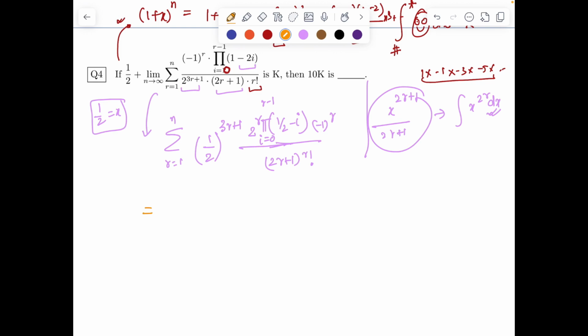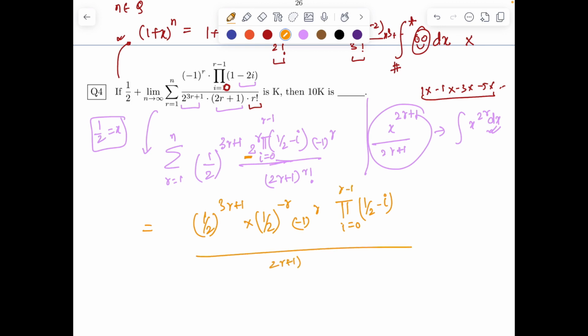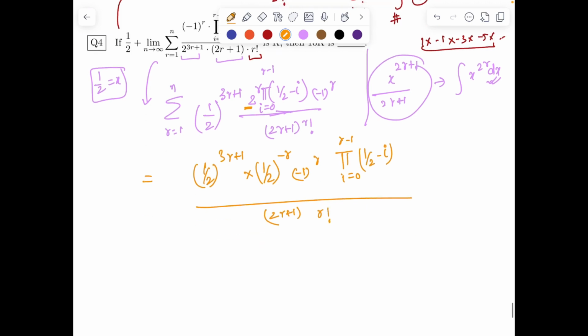So finally what we can see is, it can be written as half to the power 3r plus 1 into half to the power minus r, into minus 1 to the power r, product of half minus i running from 0 to r minus 1, divided by 2r plus 1 times r factorial, summation running from 1 to n, limit n tends to infinity.